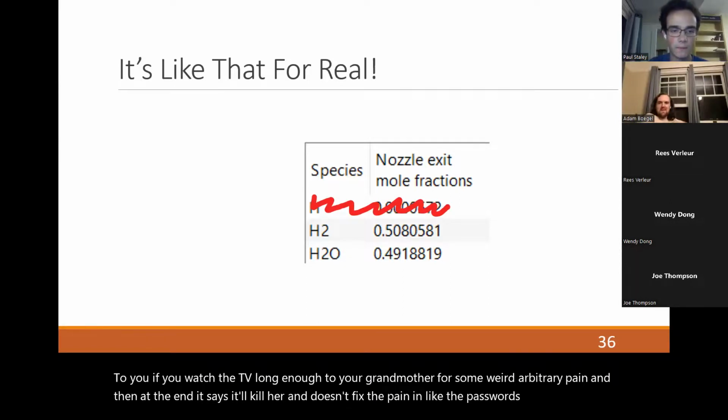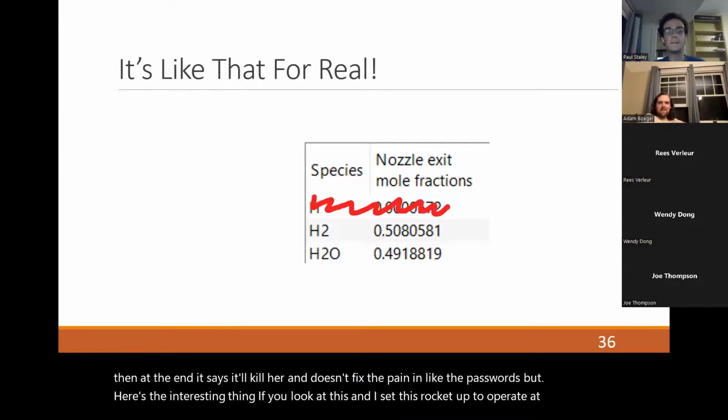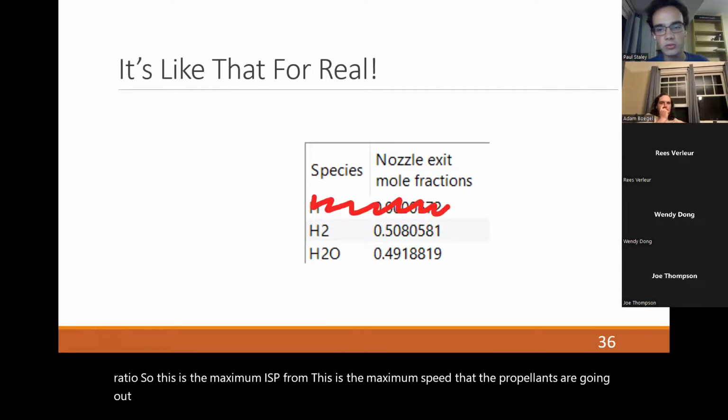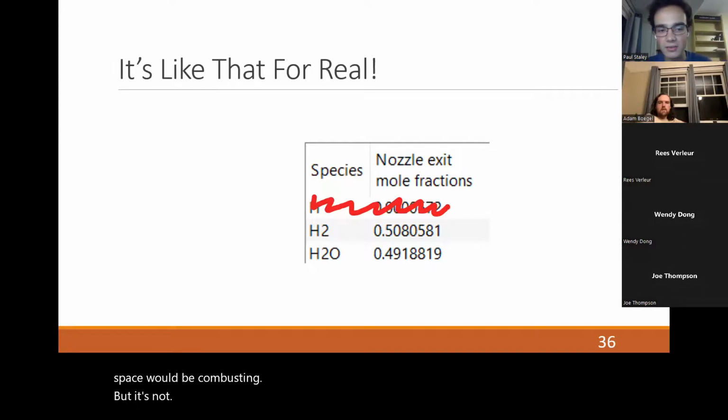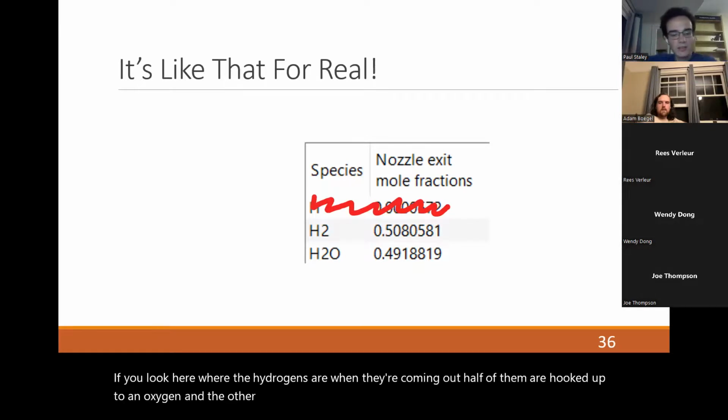But here's the interesting thing if you look at this, and I set this rocket up to operate at the optimal ratio. So this is the maximum ISP from this. This is the maximum speed that the propellants are going out. And if this was that stoichiometric ratio, every single hydrogen you brought up to space would be combusting. But it's not. In fact, if you look here at where the hydrogens are when they're coming out, half of them are hooked up to an oxygen, and the other half are just getting shot out of the engine.